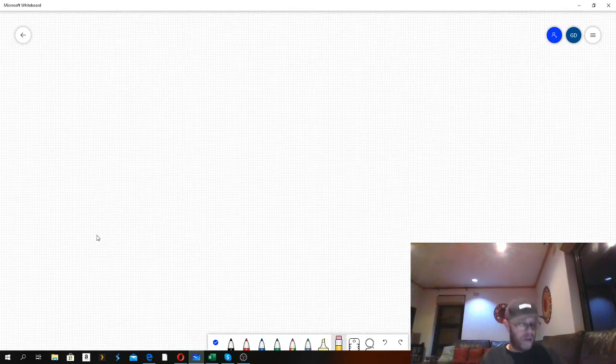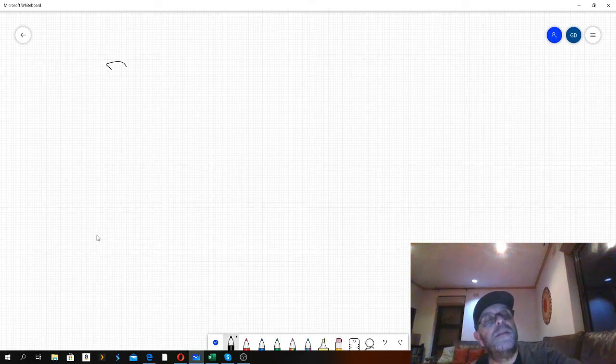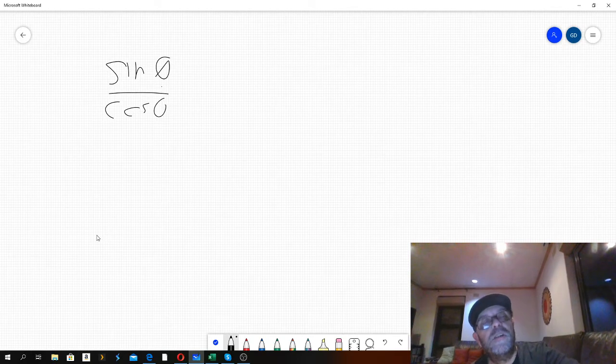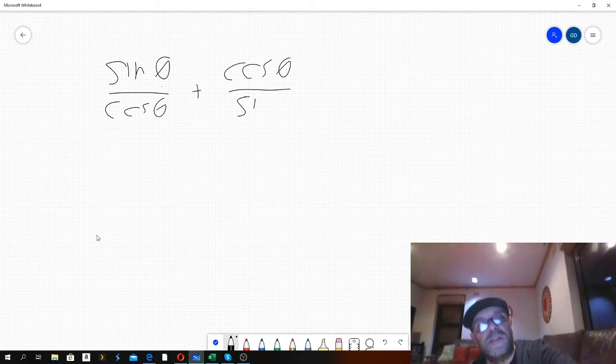Right, so then we're going to go to number 3, which is sine theta over cos theta plus cos theta over sine theta. Now there are probably a couple of ways to attack this one. Let's do one of them like this. Sine theta over cos plus cos theta over sine.